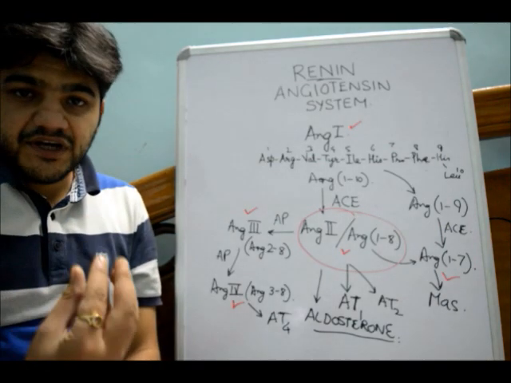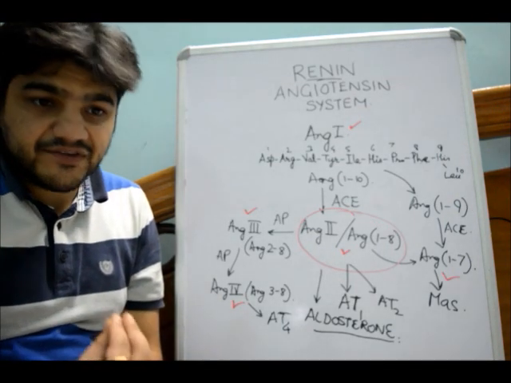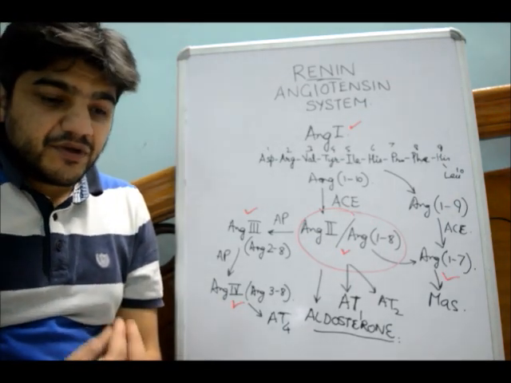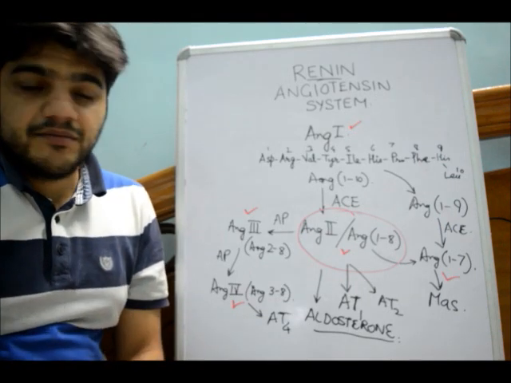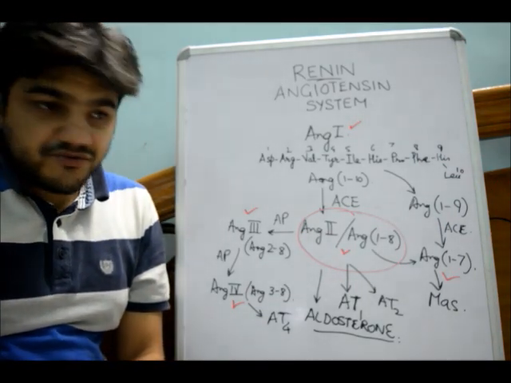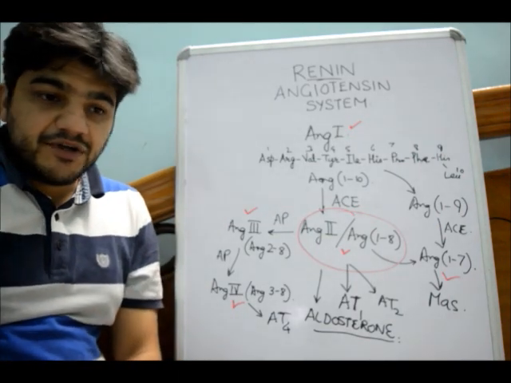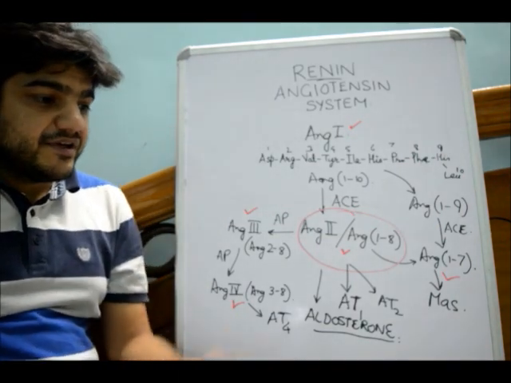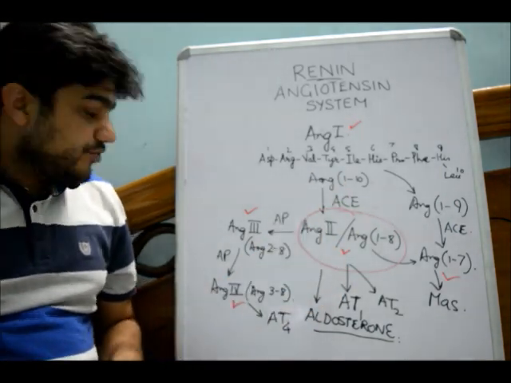The tubules get a decreased sodium load. Whenever the sodium is less in the tubules, it is sensed as a state of decreased blood volume or decreased blood pressure. So the body tries to normalize it, and what it does is cause release of renin from the juxtaglomerular cells.